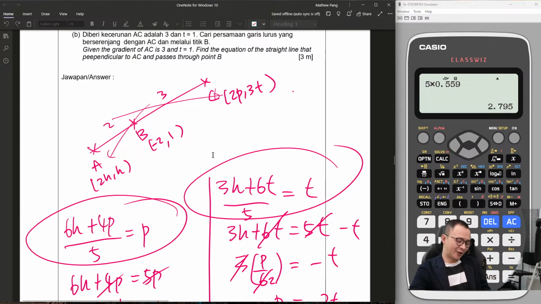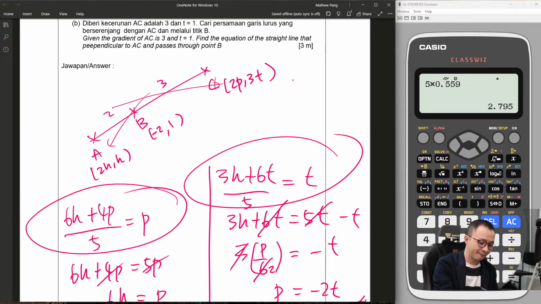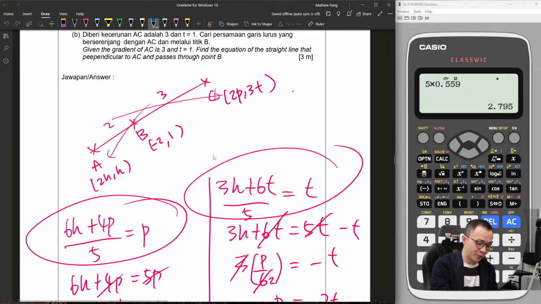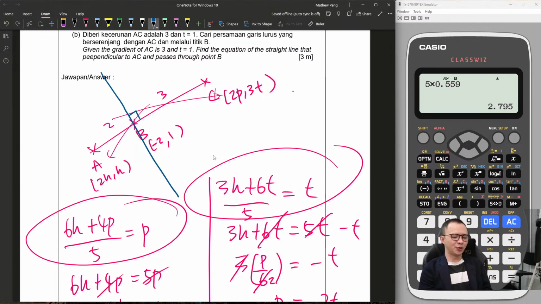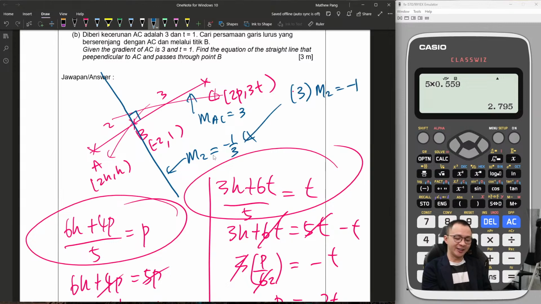Okay, so I want to have a line which will be perpendicular and always pass through B. The question tells me the gradient for A to C is 3. Then the perpendicular gradient will be M2, right? Which is -1/3, since M1 times M2 equals -1.